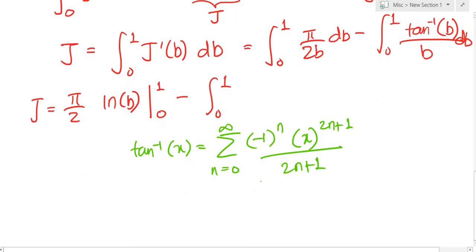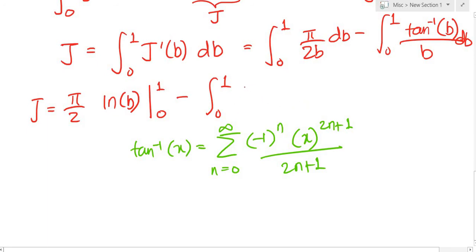So if you plug in every increasing value of n, you can notice that this is basically an alternating series of odd powers. So we know the Taylor series for the inverse tangent of x. So why don't we just plug that in over here?